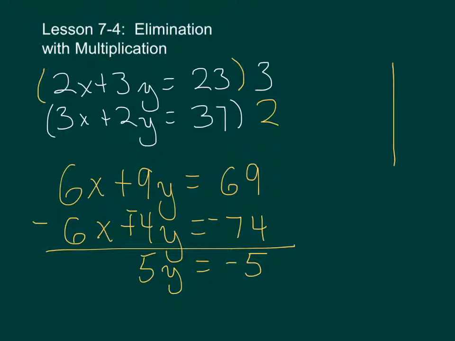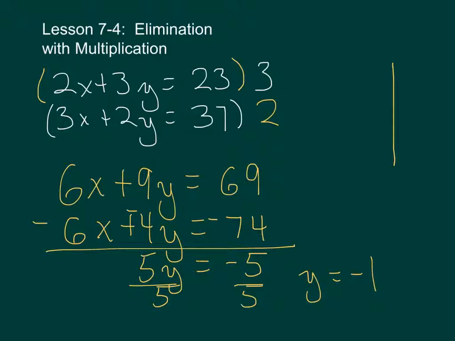That means that y is equal to negative 1. And then if we take the negative 1 and plug it back into the equation, we can find the value for x. I won't go through all that because I think we know how to do that.